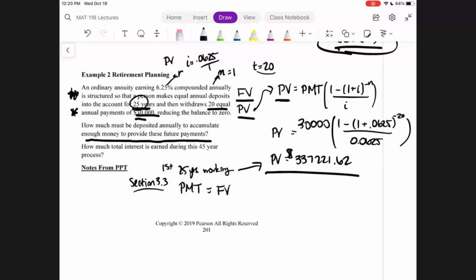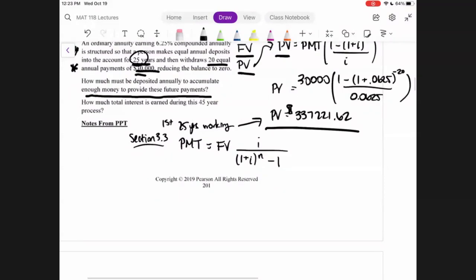And pretty much some things will be the same. So we have our future value here. So that will be 337,221.62. And then my I is the same.